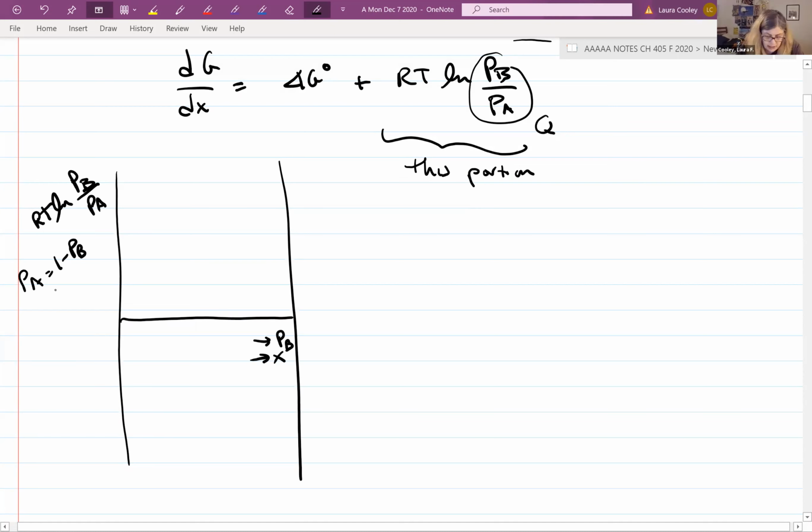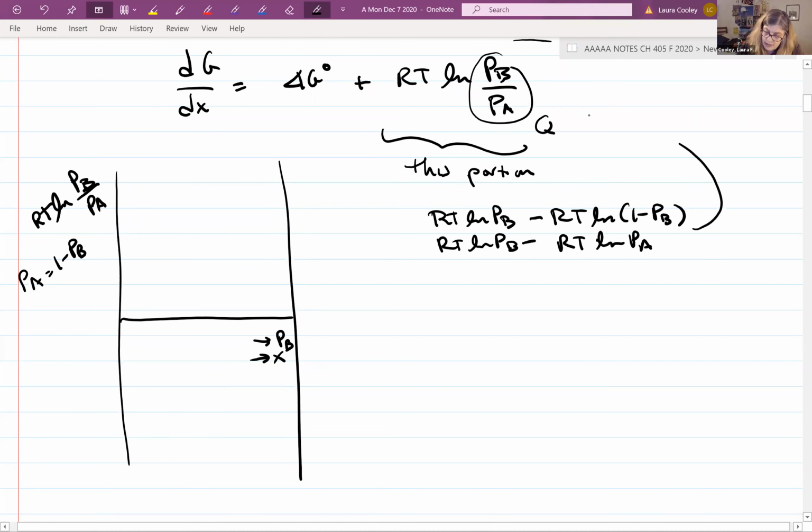So we're really looking at RT times the log of PB minus RT times the log of 1 minus PB, because that's RT log of PB minus RT log of PA, which is the same as this.